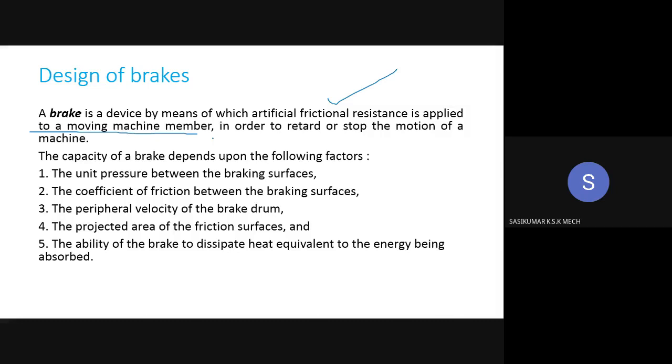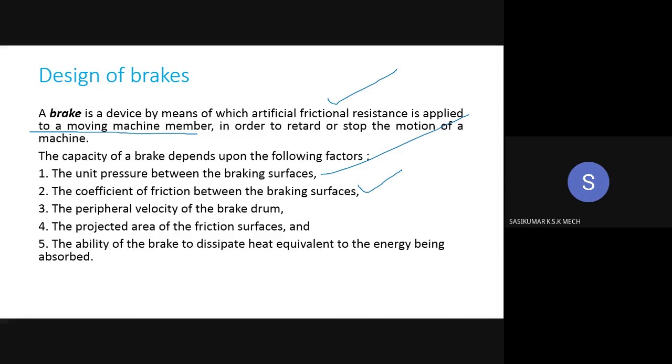The capacity of a brake mainly depends upon certain factors. That is the unit pressure between the braking surfaces and the coefficient of friction between the braking surfaces. If you have more coefficient of friction, the efficiency will be higher. The peripheral velocity of the brake drum is also one of the factors which decides the brake capacity or size.